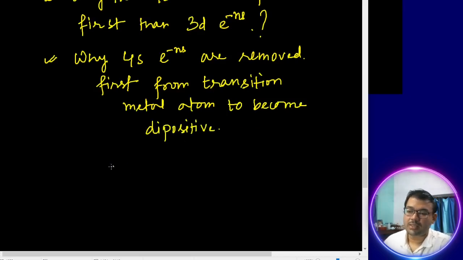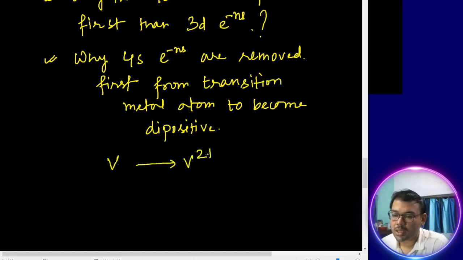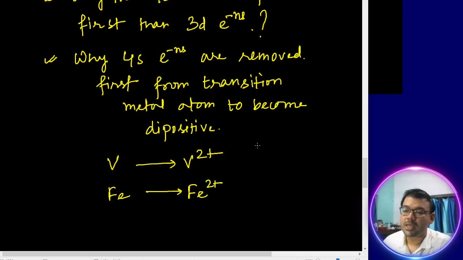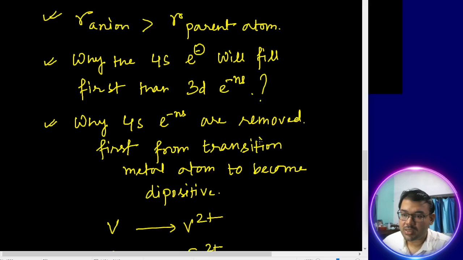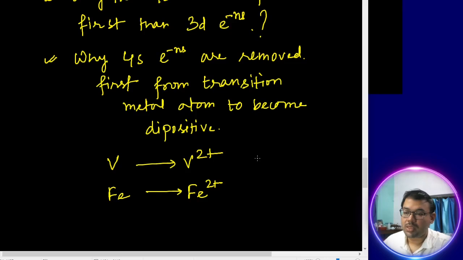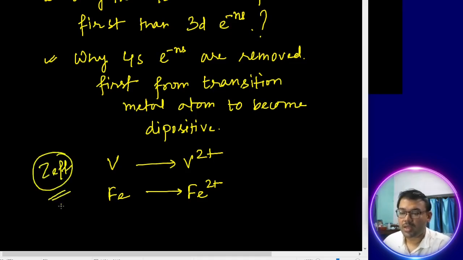If we see the case of vanadium to vanadium 2 plus, or iron to iron 2 plus, we see that the 4s electron is removed first. In the previous case, the 4s electron fills first, but in the second case, for the formation of the cation, the 4s electron is removed first. And if we calculate the Z effective, then we can realize that it is okay. We understand it with the help of numerical calculation also, by Slater's rule.